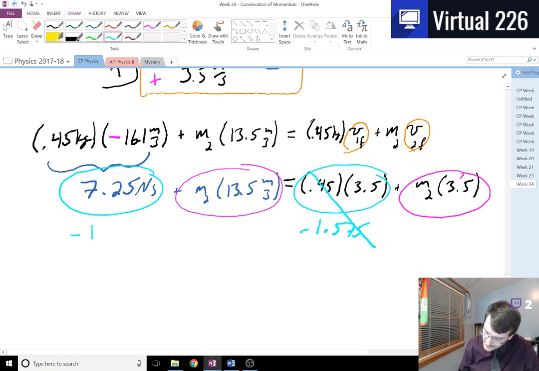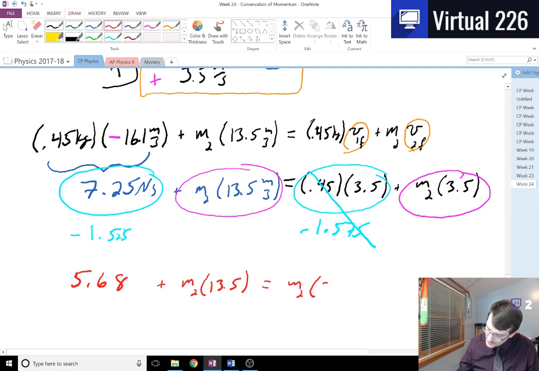But when I subtract 1.575 from this side, I'm going to get the quantity of 5.68, plus, and then I'll have my m2 again, m2 times 13.5 equals m2 times 3.5.